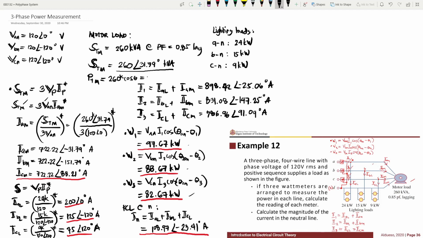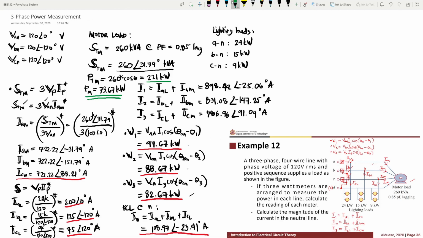So we have 221 kilowatts. So the power per phase of the motor is 221 divided by 3, equivalent to 73.67 kilowatts.